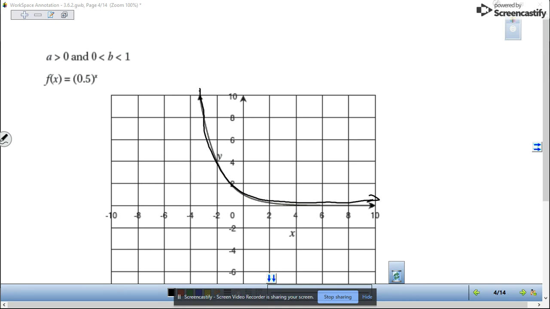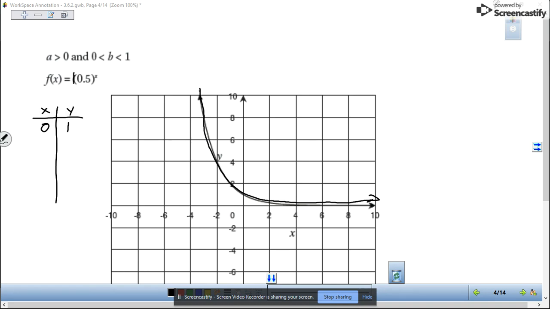You would do this part the exact same way. You create your t-chart, you find the points, and you figure out what's happening each time. What you would notice this time is you have 0, 1, which is again your initial value, the a value, which is 1.